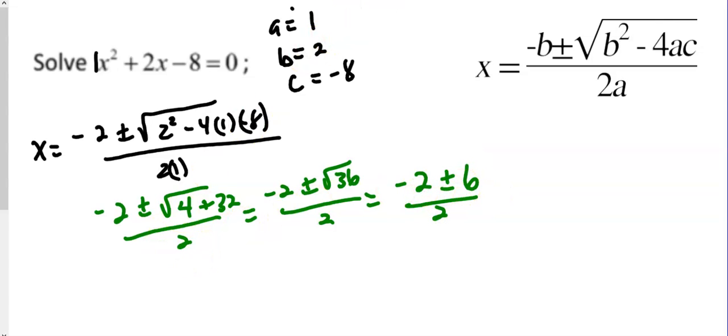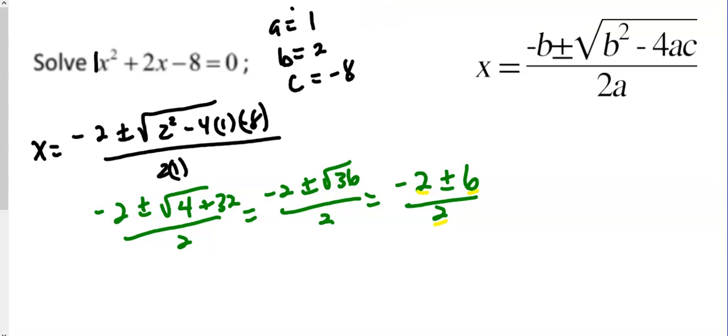Let me back up 1 second and we notice something. We have 2, 2, and 6, and so we can divide into all of those.